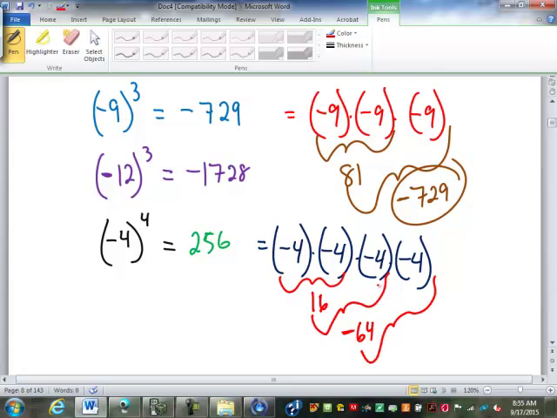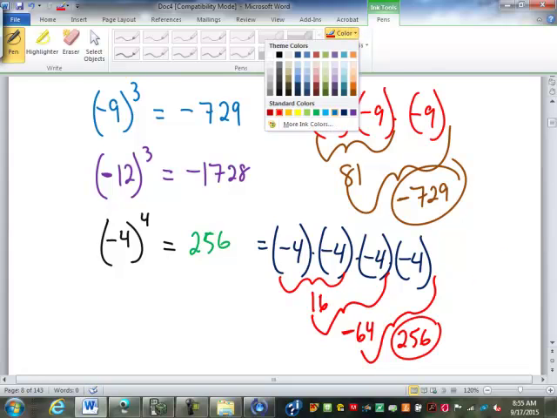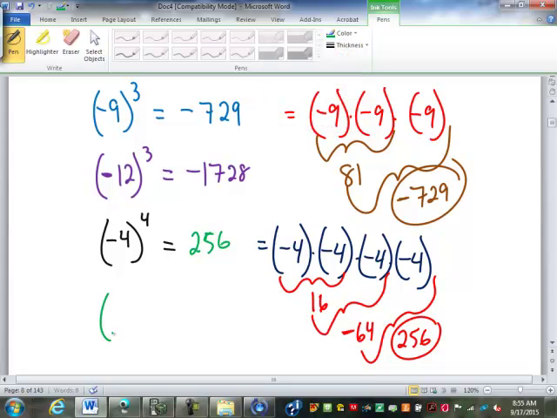Times another negative 4, and negative times the negative is going to be a positive, and that is 256. So you can see, based on that, anything to the power of 4, let's say I have a negative 7 to the power of 4, anything to the power of 4 is going to be positive.